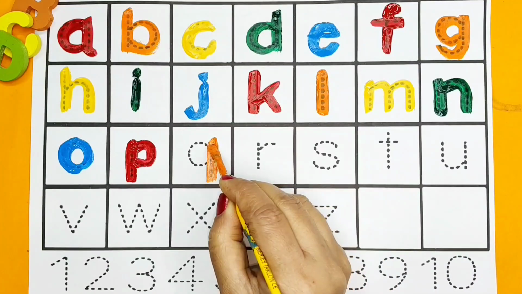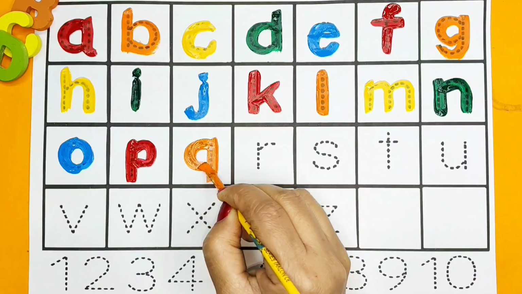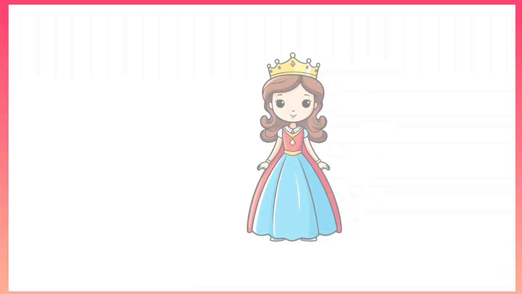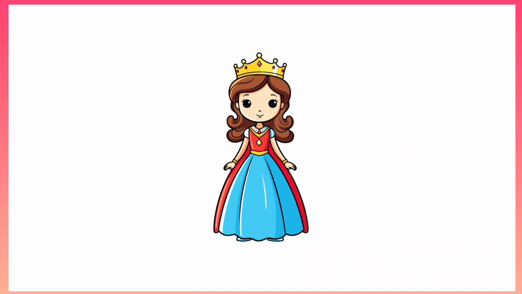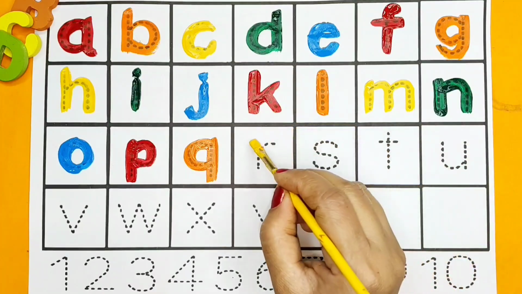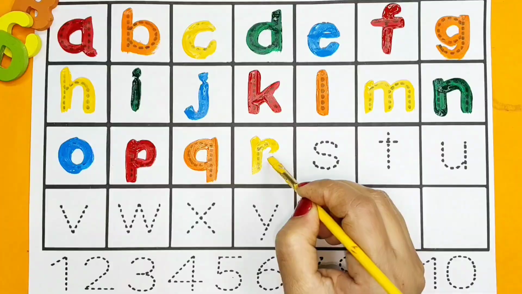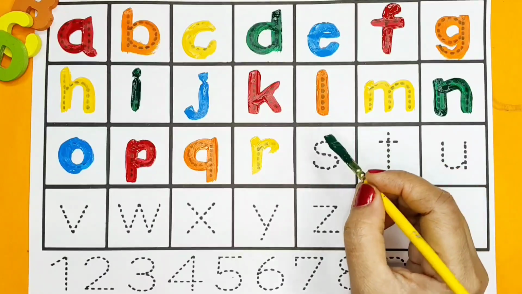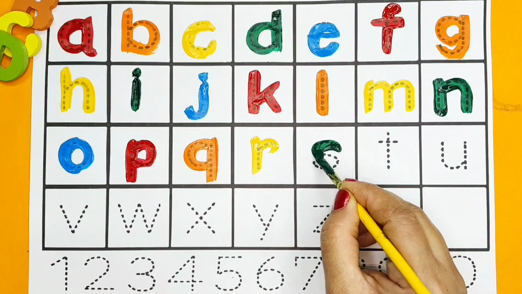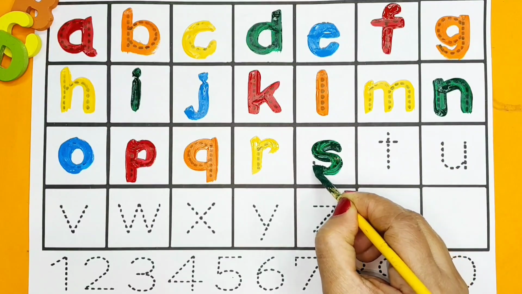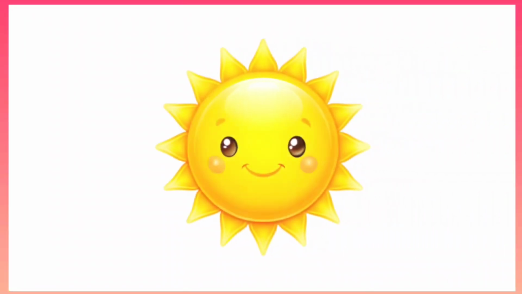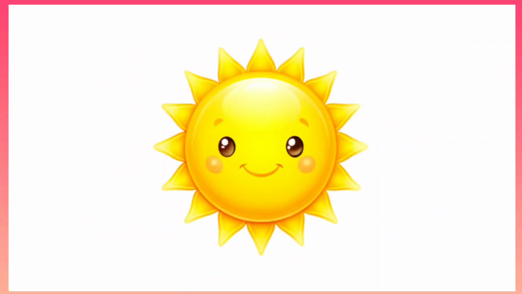Orange color Q. Q for queen. Yellow color R. R for rose. Dark green color S. S for sun.